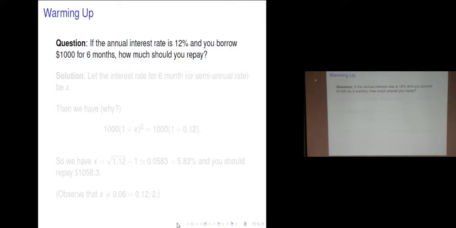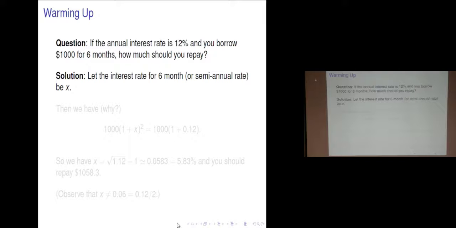Is the question clear? You know the interest rate alpha is 12% for a year, but you only borrow for half a year. So now the question is, how much should you pay? Let's look at the solution.